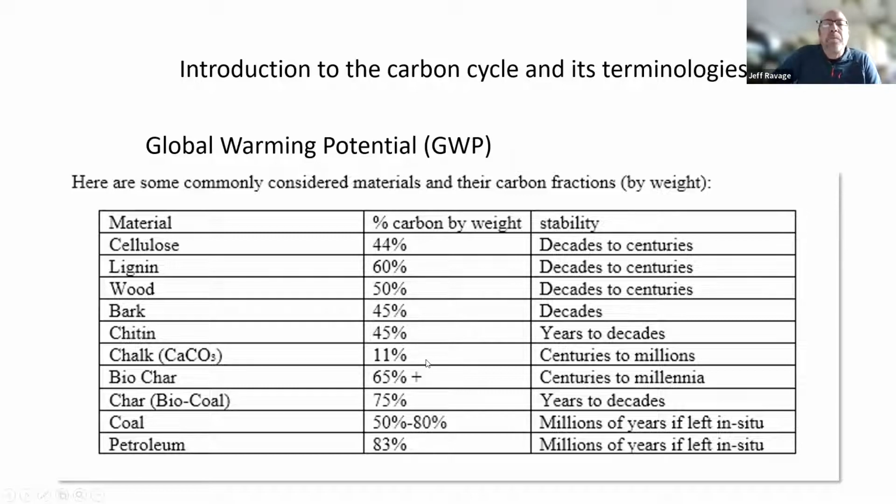Chalk, which is limestone, holds 11%, and there's a lot of talk about sequestering carbon dioxide by injecting it in the concrete, making chalk or limestone, and then mixing it in as aggregate. So if chalk is only 11% to begin with, we'll find out that our concrete is really only like 4 or 5% carbon.